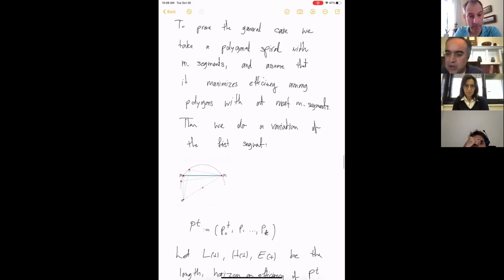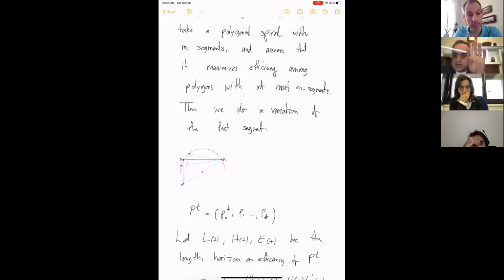And we're going to do a variation. I'm going to take the first segment of that polygon and vary it so that it still remains a spiral. It means that it has to be orthogonal to its position vector, so it has to move along a circular arc whose center lies on this line from O to P1, the second vertex.